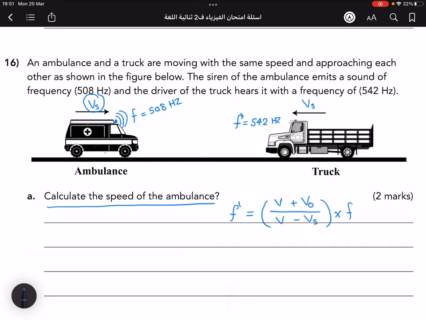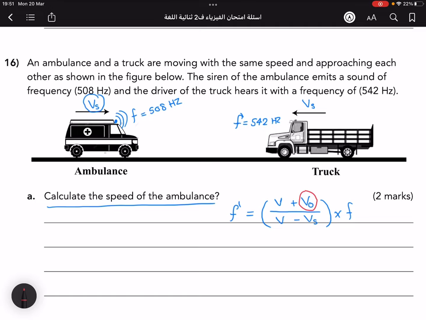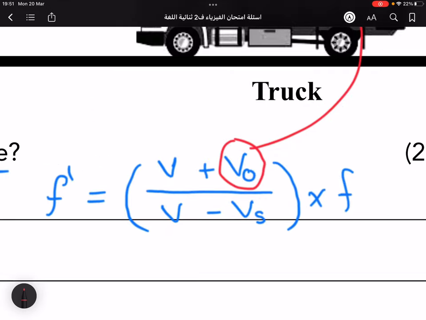Then V0, or VO, the velocity of the observer, is equal to Vs. Then F prime, which equals 542, equals the velocity of the sound plus Vs over the velocity of the sound minus Vs. But why am I choosing plus here and minus here?